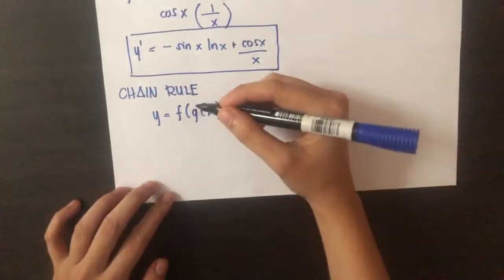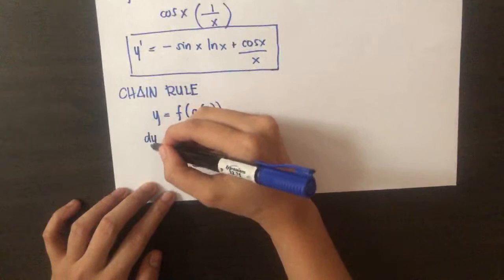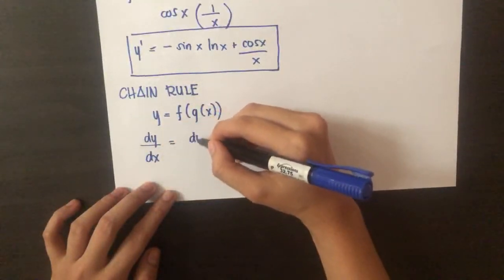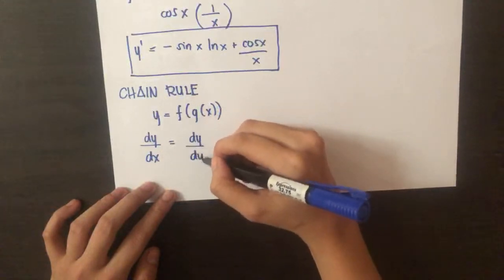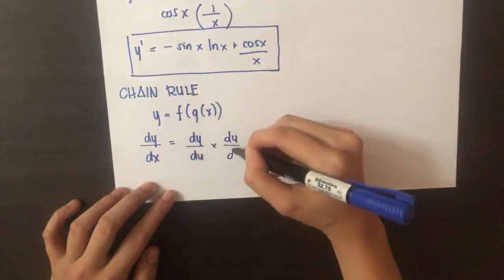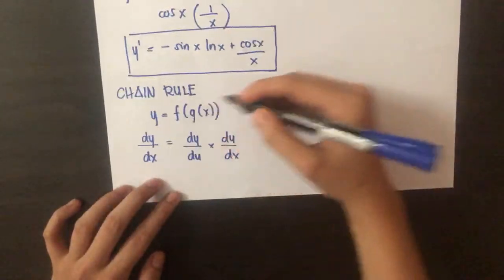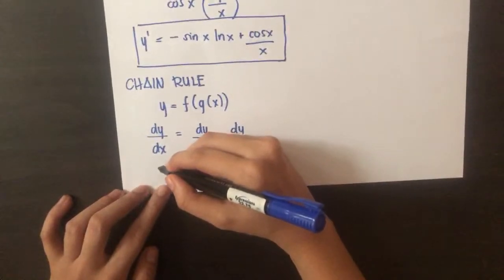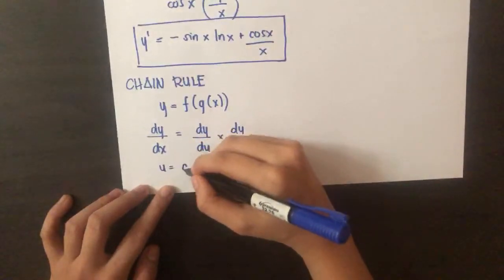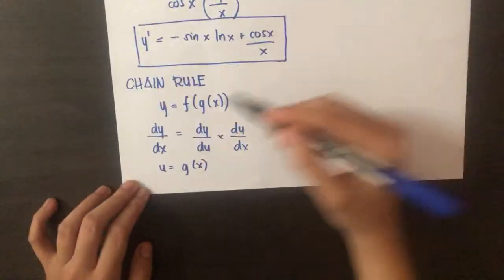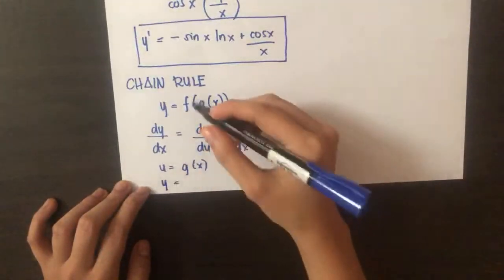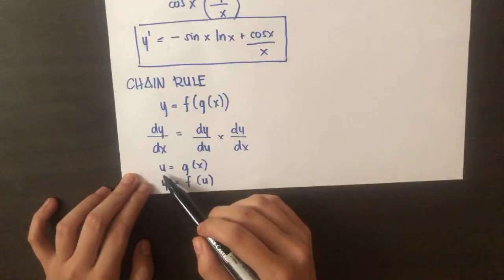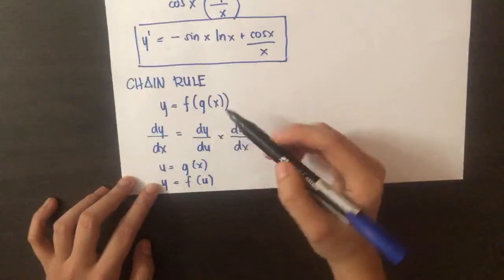So, ang formula ng chain rule is we have dy over dx is equal to dy over du times du over dx. So, paano siya naging ganyan? So, sa given na function, I will let u be equal to g of x. So, y is now equal to f of u.